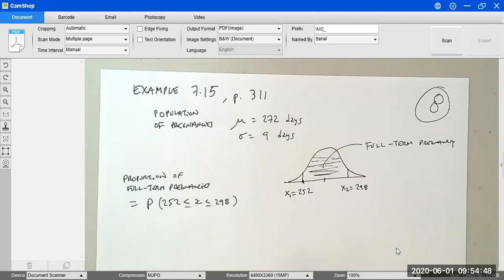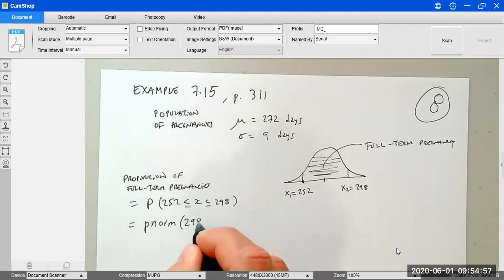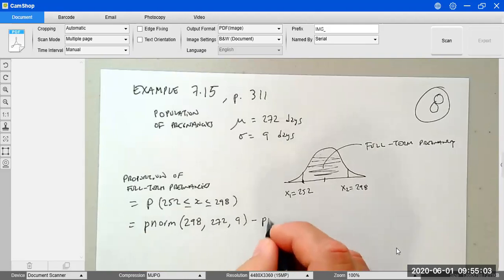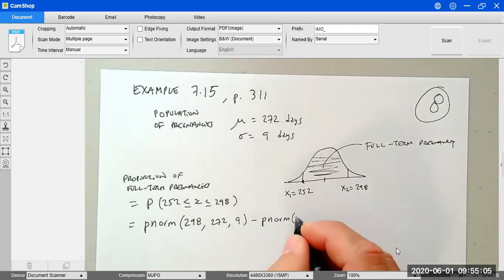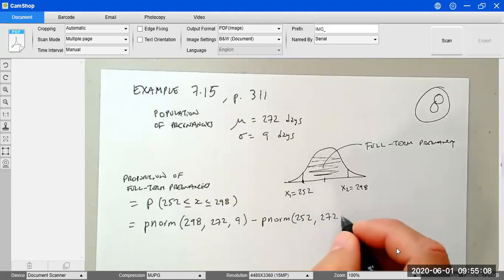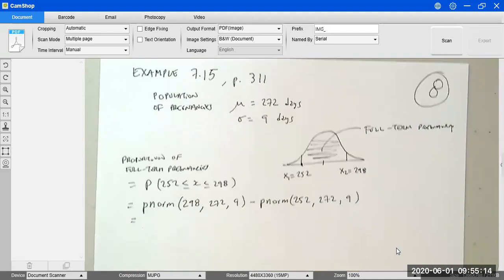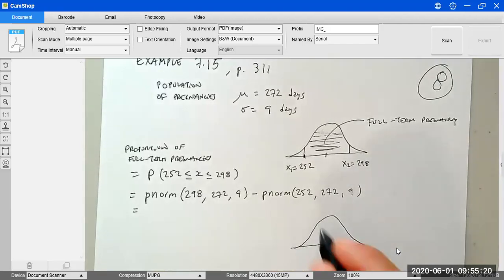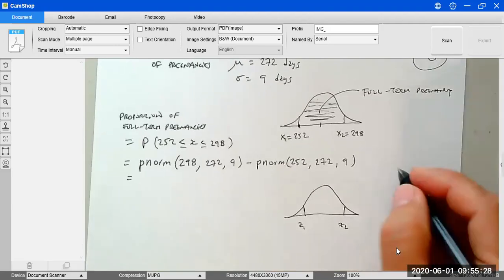days. So we can use directly the function pnorm of the upper value 298 with mean 272 and standard deviation 9, minus pnorm of the lower value 252, 272 the mean, and 9 the standard deviation. That is one way. You can also work with the z-scores, so we need to convert 252 to a z-score and 298 to another z-score. So how do you do that?